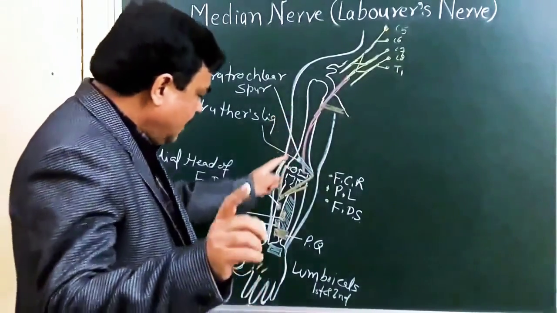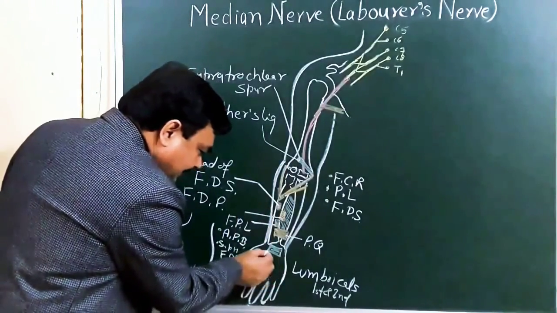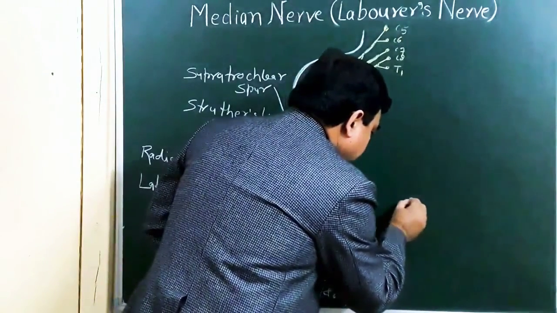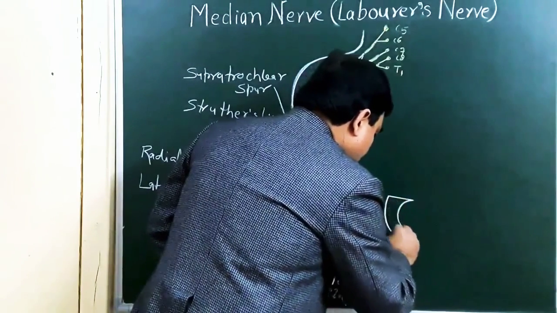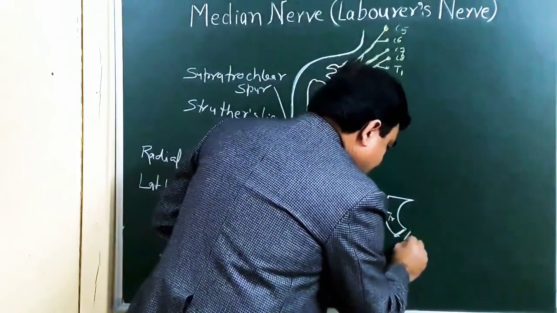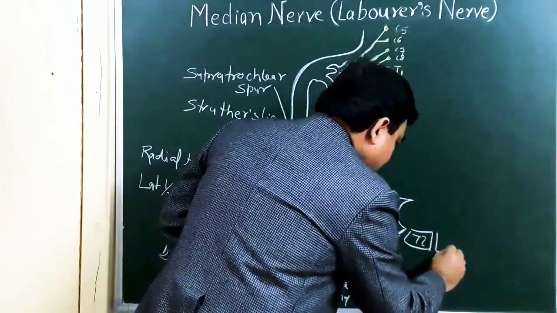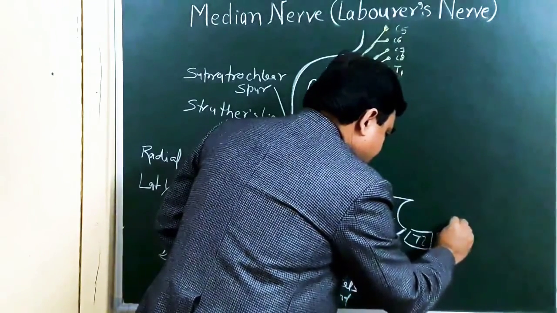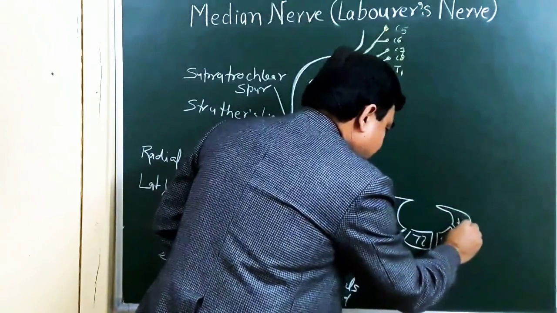Before starting the median nerve, I will make another diagram. If you cut a section at this level, here you will find the trapezium, trapezoid, capitate, and hamate.